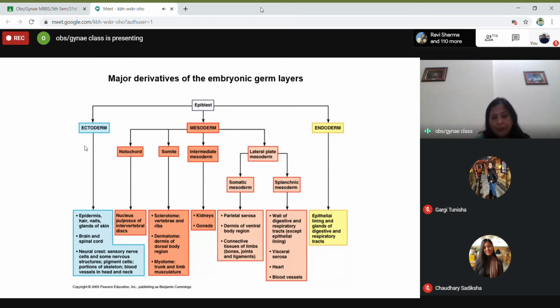The mesoderm will form the notochord, somite, and intermediate mesoderm, and these will finally change into dermatome, sclerotome, vertebra, skin, trunk and limbs, and kidney and gonads are formed. The lateral plate mesoderm may change into somatic mesoderm and splanchnic mesoderm. And the endoderm will form the glands, and the digestive and respiratory tract. So these are all formed by the three embryonic germ layers.